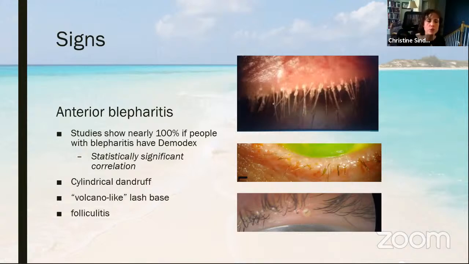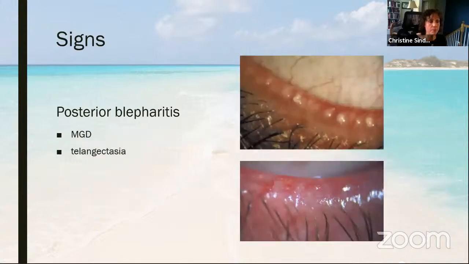Other things that you should look for are these little volcano-like skin changes where at the base of the eyelid, they have skin which is pushed up around the hair follicle. It's almost like a little volcano around the hair follicle that is pushed up because you have a clump of Demodex in there. You can also get these little folliculitis or infections around the eyelash itself.